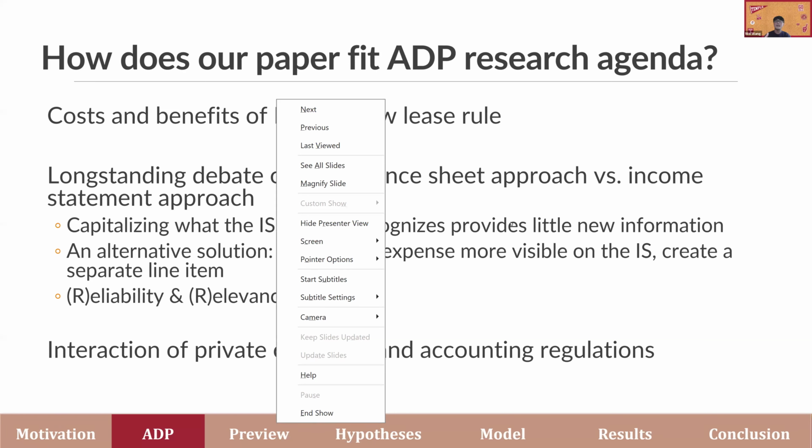You don't see that line item separately on the face of the financial statement, right? So if you were to bring lease expense to the body of the financial statement, based on our findings, that would be an equally informative, if not less costly, solution. It certainly would be a less costly solution than what FASB is doing now.